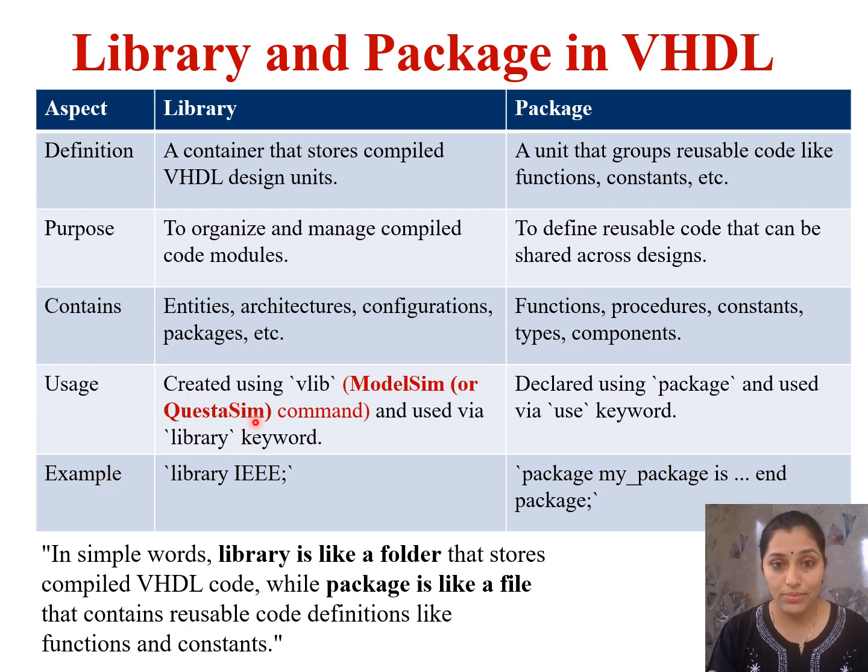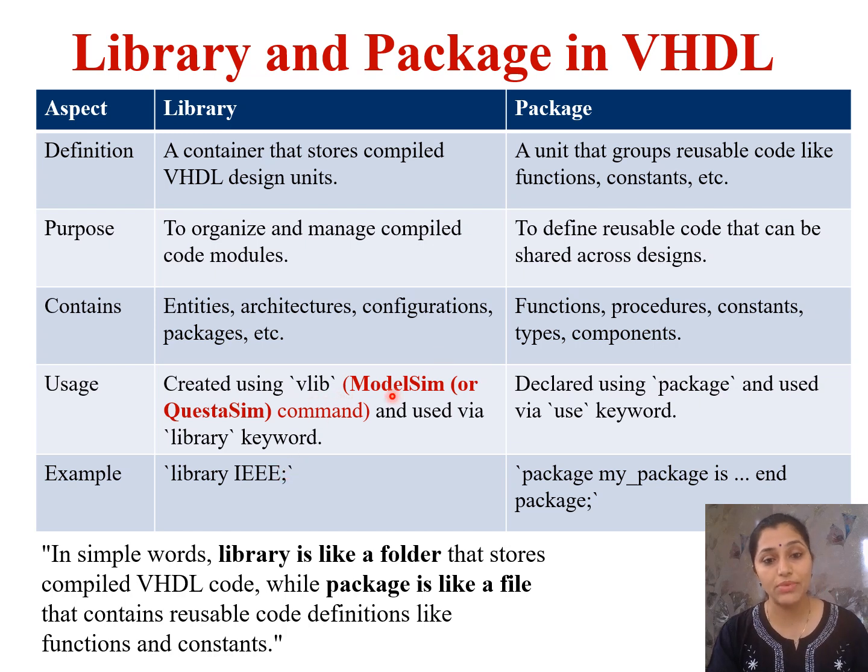We have predefined libraries in VHDL and we can create our own library also. To create our own library, we use command vlib, which we use in ModelSim or QuestaSim simulators, and to include that library we use the keyword library.